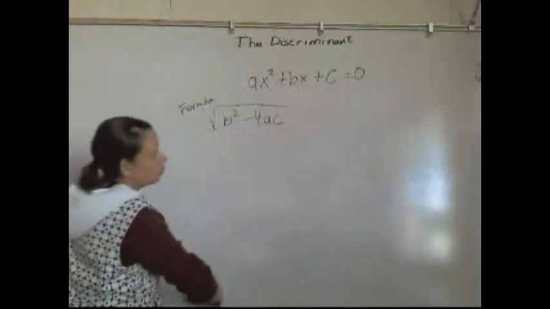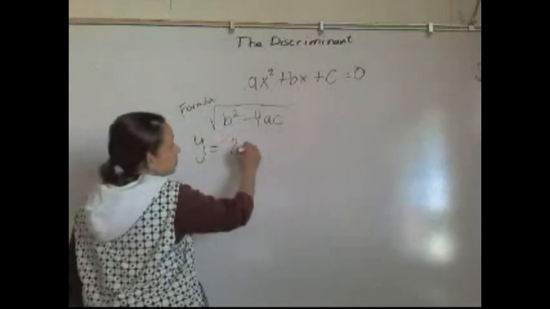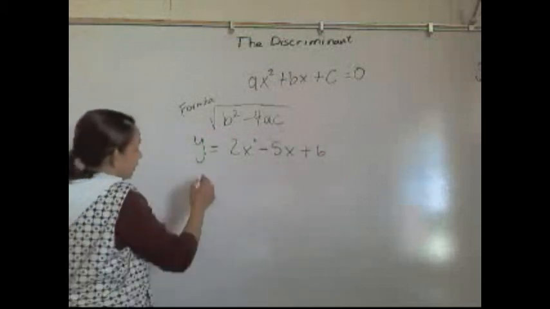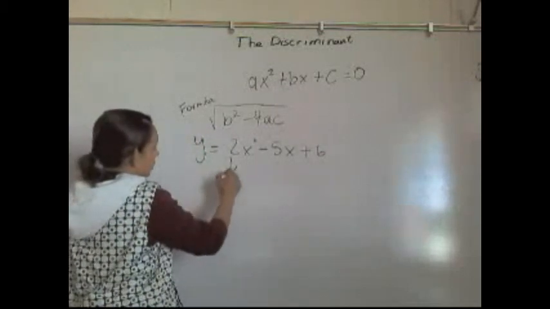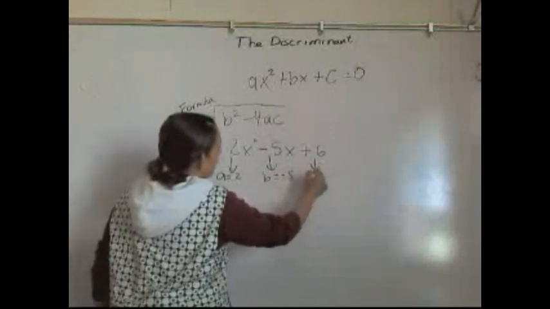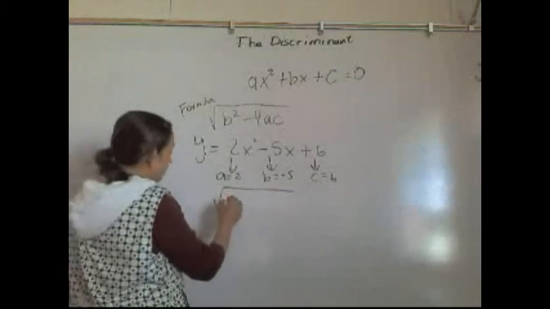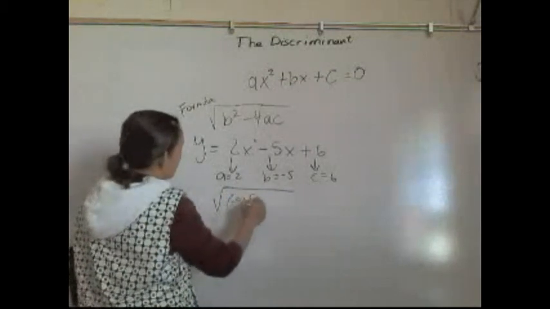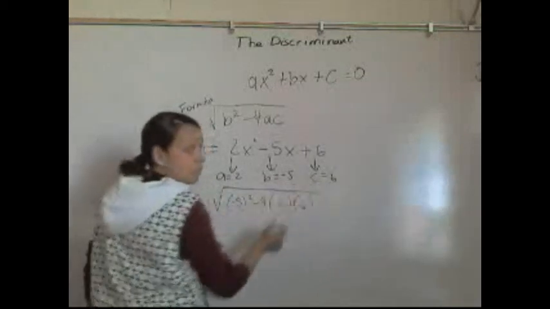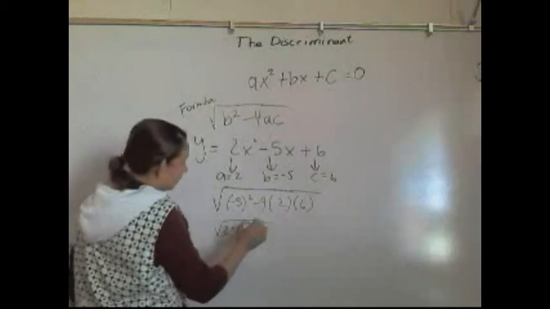Then we move on to the next one, which will be the last example, and this is going to have no roots. y equals 2x squared minus 5x plus 6. So again, identify your a is 2, b is negative 5, c is 6. Take the square root of b squared, negative 5 squared, minus 4 times 2 times 6.